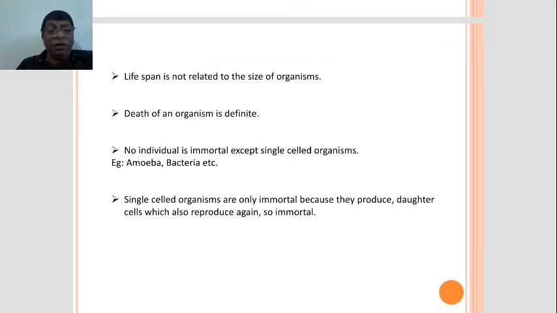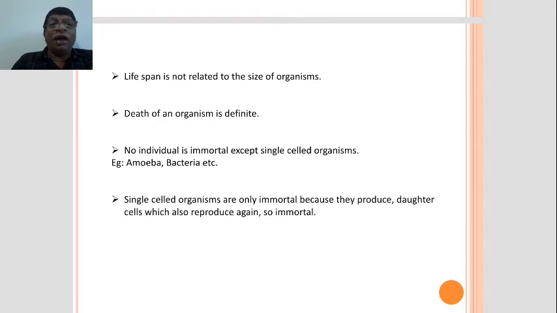Next point. The lifespan is not related to the size of the organism. You can see now the tortoise is very small in size, but the elephant is the biggest animal. So tortoise lives 150 years, whereas the elephant lives only 60 years.